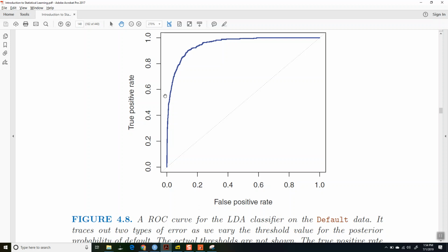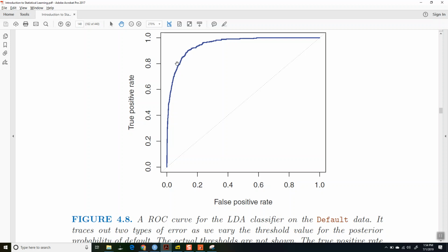We can keep changing the thresholds, and our true positive rate will probably keep going up and up. This is like flagging everybody where the probability of default is over 0.2, then over 0.1, then over 0.05. As we lower our tolerance of risk, our true positive rate gets higher and higher.